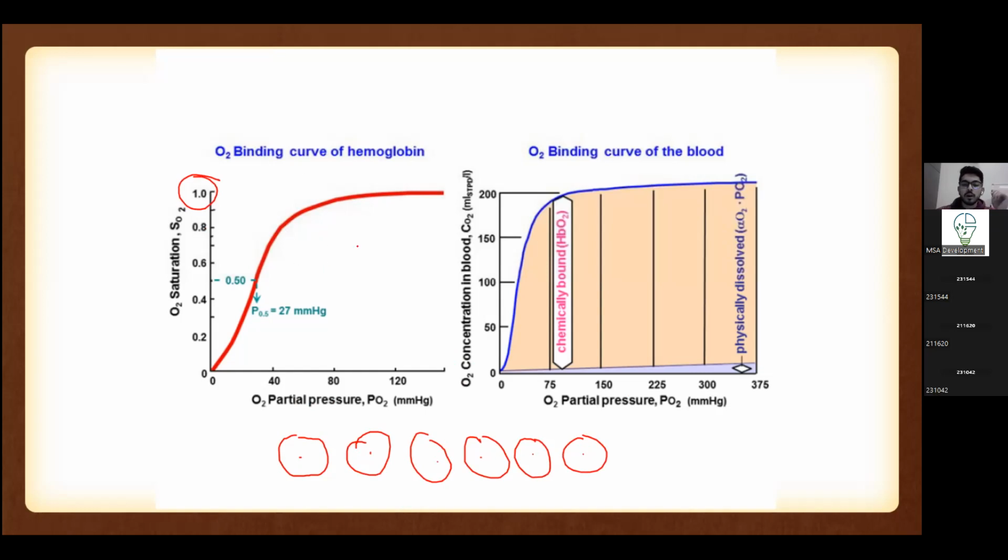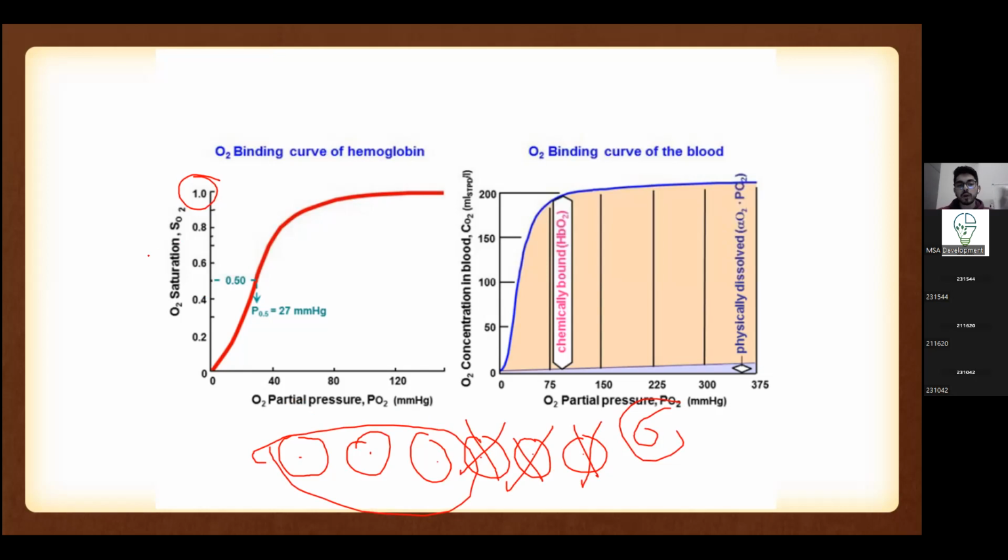But what about concentration? If we calculate the concentration, we can say that it is 6. We have 6 O2 molecules bound. What happens in the case of anemia? We are going to lose some hemoglobin. Let's say we have a 50% anemia and half of the hemoglobin is lost. In that case, we are only going to have 3 binding sites for O2, but all of them are occupied.